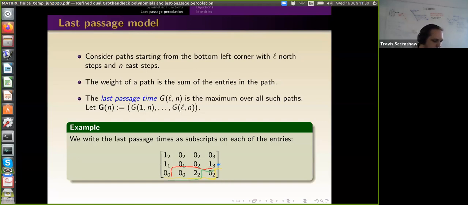And if I sum over all of those, well, I get 2, like say this green path, I get 2 plus 1, which gives me 3. If I did the red path, I get 2, because I have 1 plus 1 and then a bunch of zeros and stuff like that.